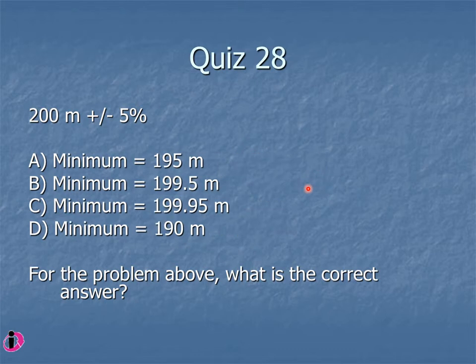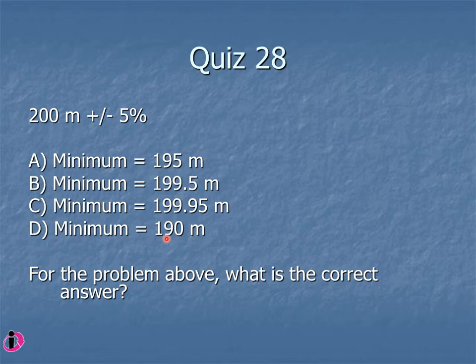Minimum: if you apply the same formula but do the subtraction this time, the right answer is D, right? So what do we need? If I write it in one line, what we need is this: 200 meter minus 5% times 200 meter.